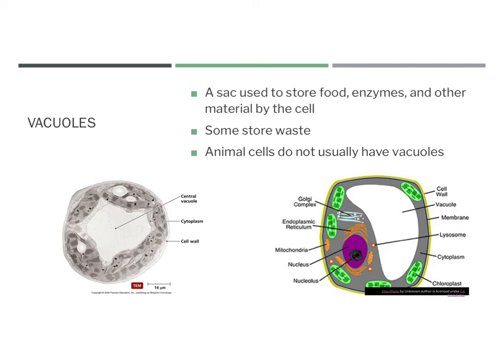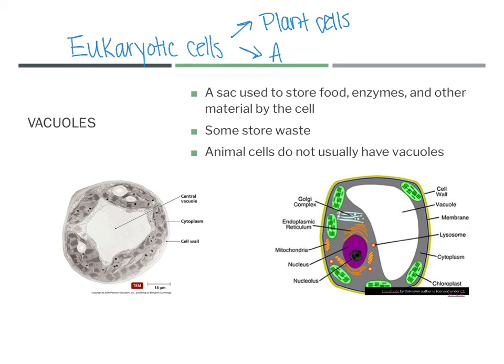This is the first time we're going to distinguish between a plant and an animal cell. So far we've just been talking about eukaryotes in general. We can now separate eukaryotic cells into two different categories, plant cells and animal cells.